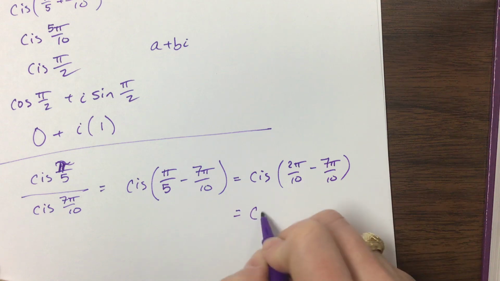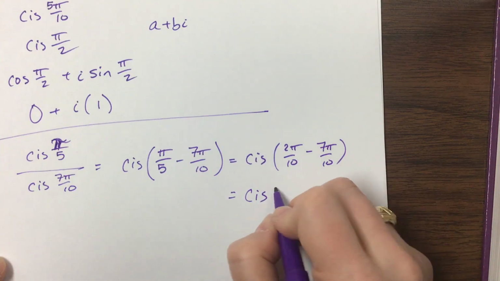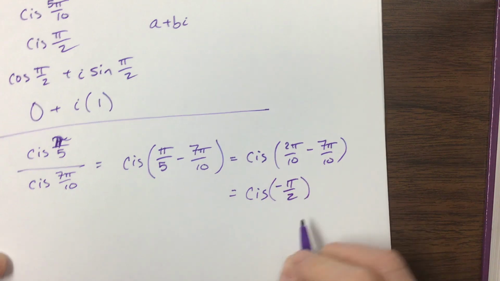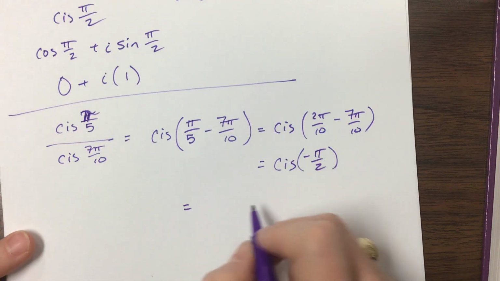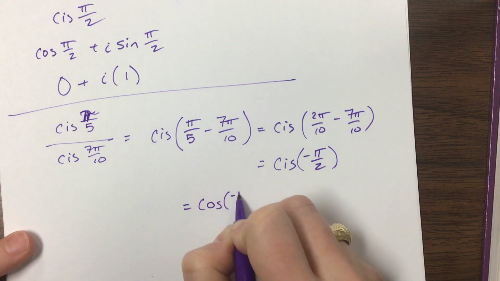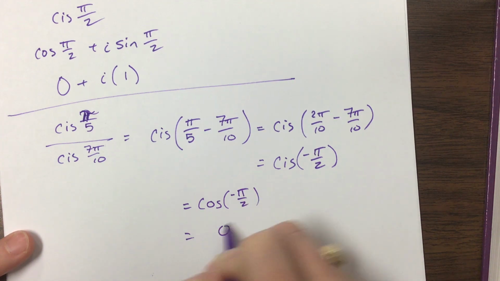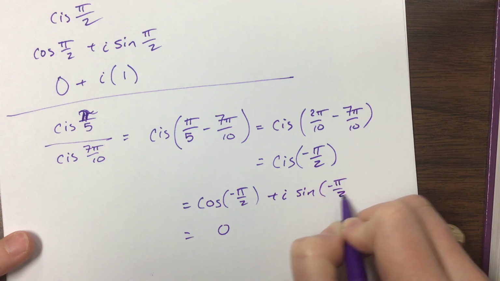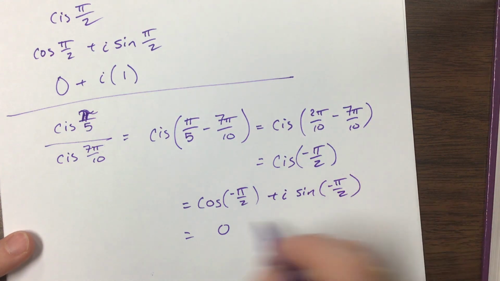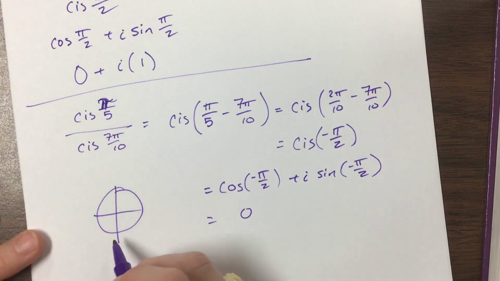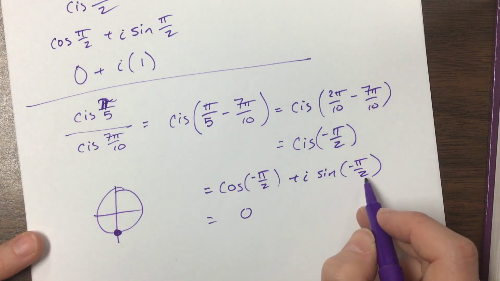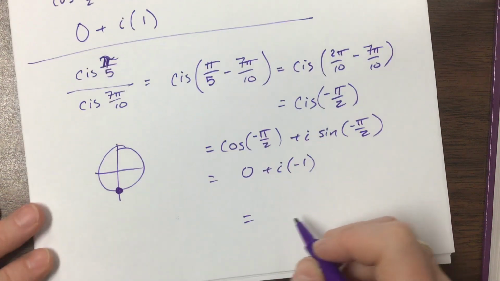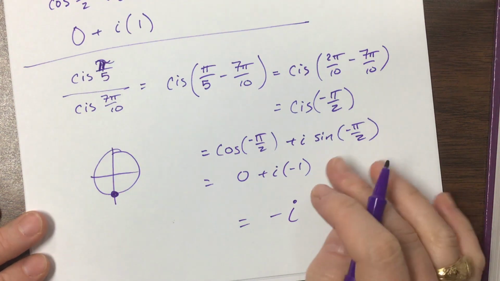This is cis now of negative 5 over 10, which is pi over 2, so negative pi over 2. That's cosine of negative pi over 2, which is 0, plus i sine of negative pi over 2. Its y value is negative 1, so this is plus i times negative 1. And so this answer equals negative i.